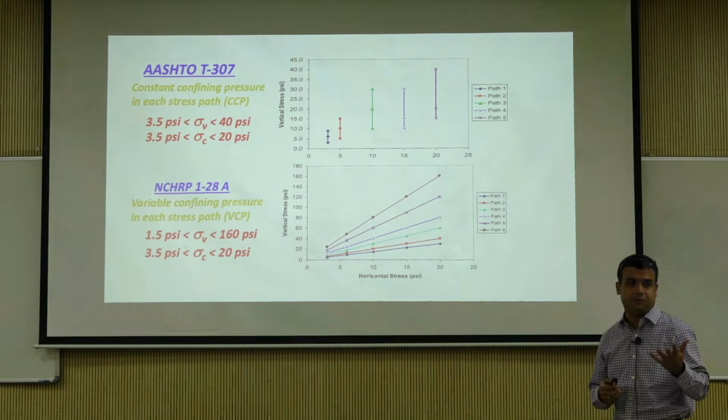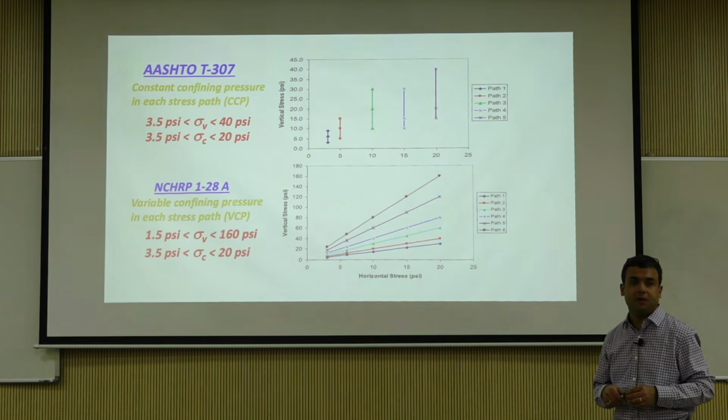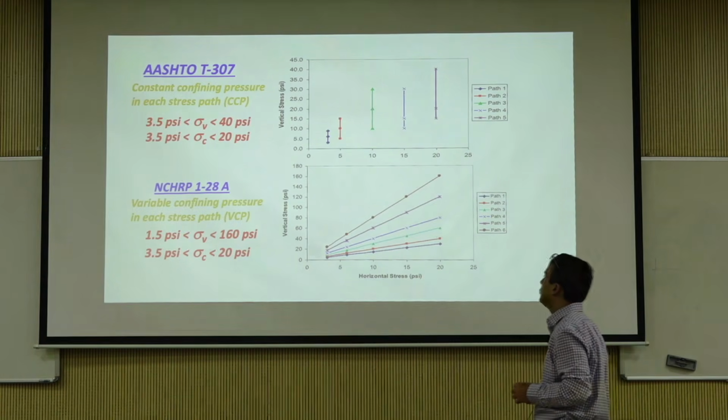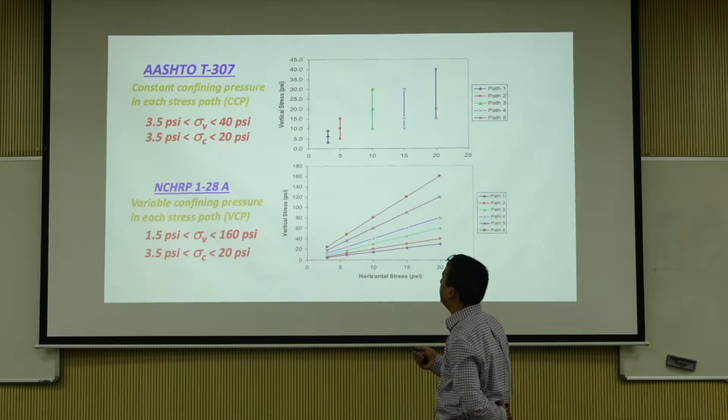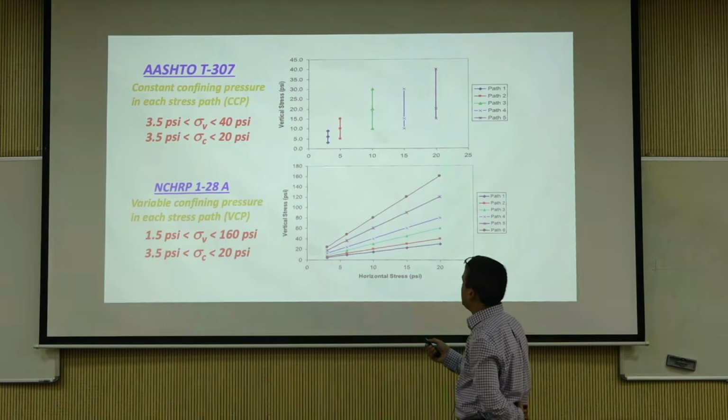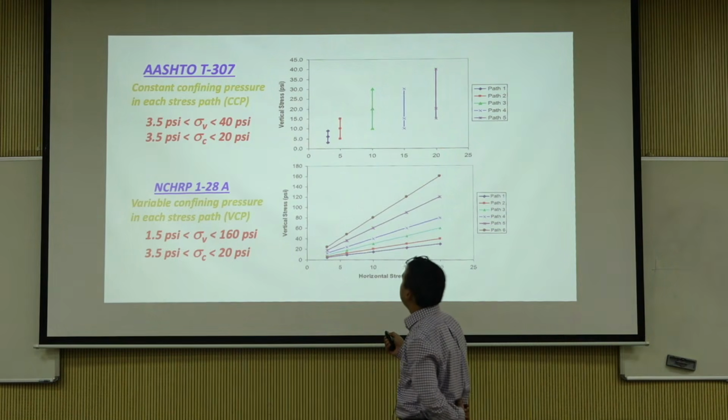But you are right, the compaction speed is very low, so you should probably have a wider load pulse width. So this is for ASTM T307, and this is how this plot is.